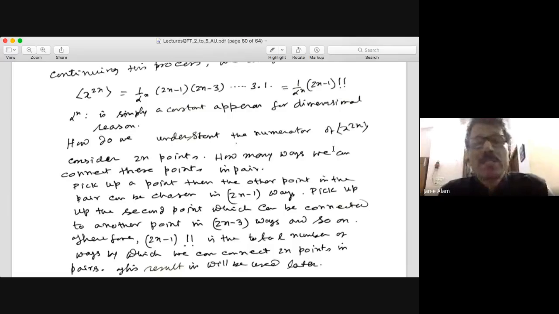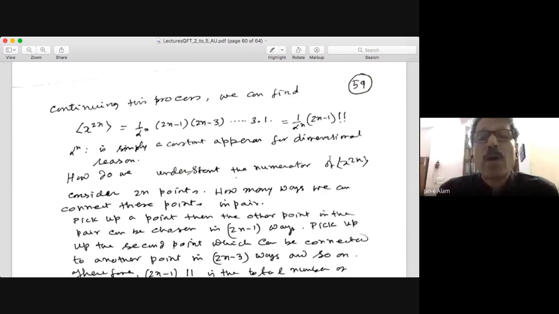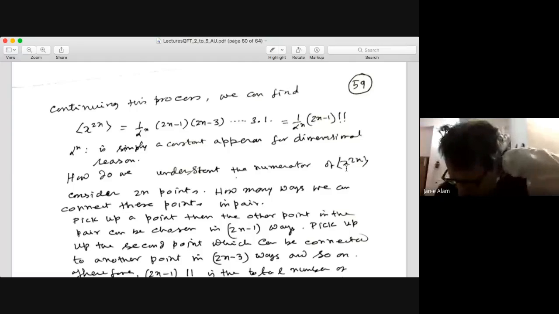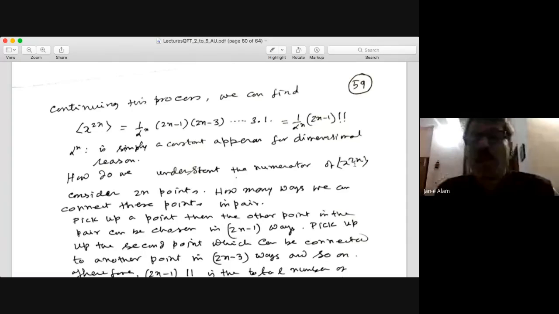Now, how do I understand this result? I can understand this result in the following way, because I have x to the 2n. Suppose I have 2n points, and I ask a question to myself: how many ways can I connect these 2n points in pairs? So I pick up 1 point, and then there will be the remaining 2n minus 1 points.